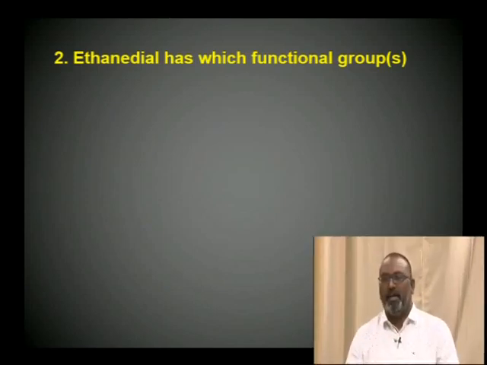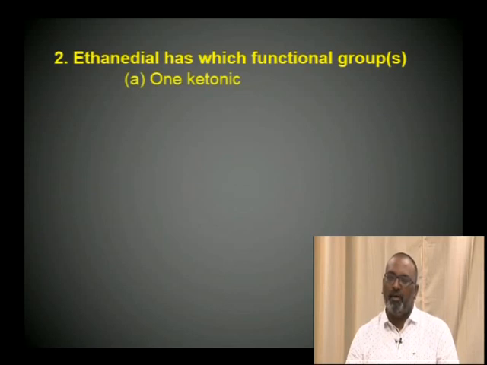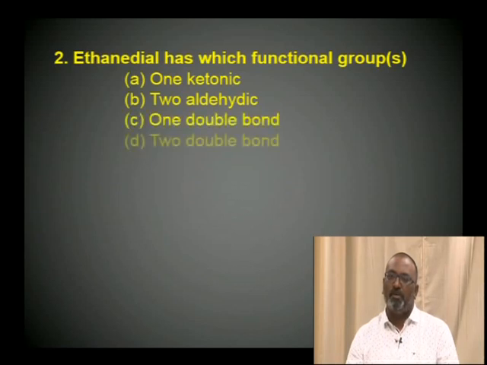Second question, ethane diol has which functional group or groups? Let us see the options given there. 1 ketonic group, 2 aldehydic groups, 1 double bond, or 2 double bonds.